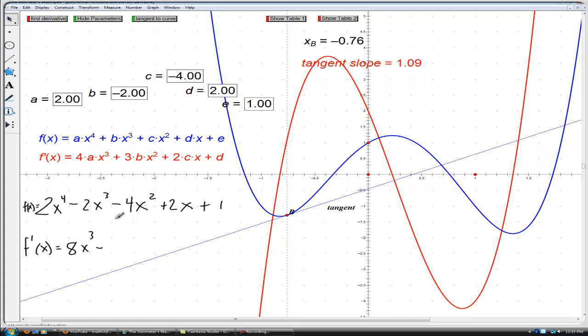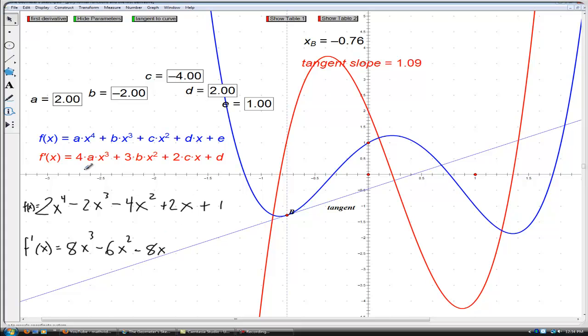My next term in the first derivative is 3 times b times x squared. B is -2, so this is really minus 6x squared. And let's look at the power rule pattern. 3 times -2 is -6. 3 minus 1 is 2. Then 2 times c times x. C is -4, so that's -8x.